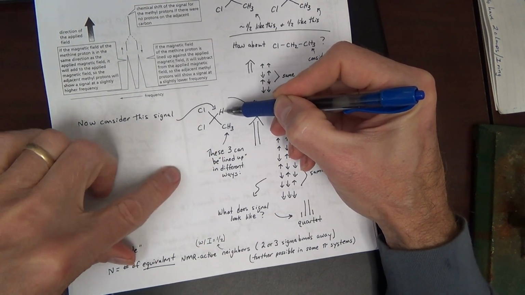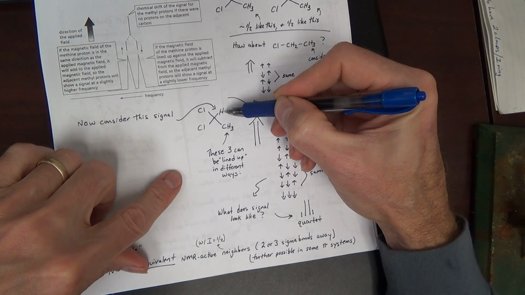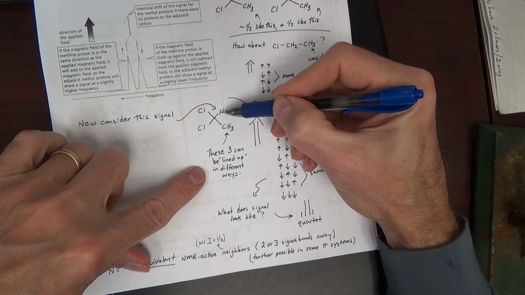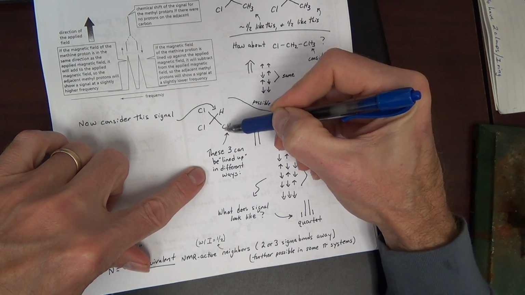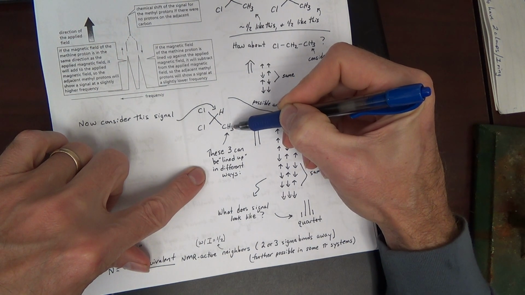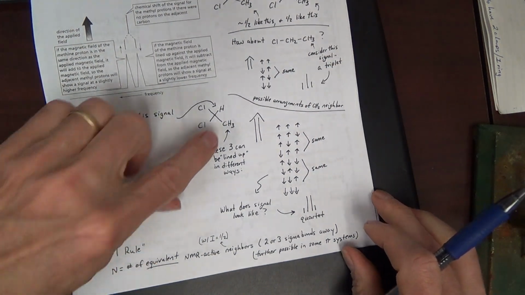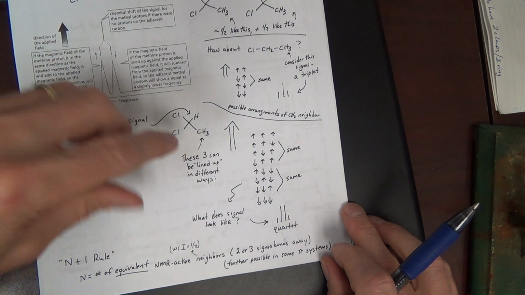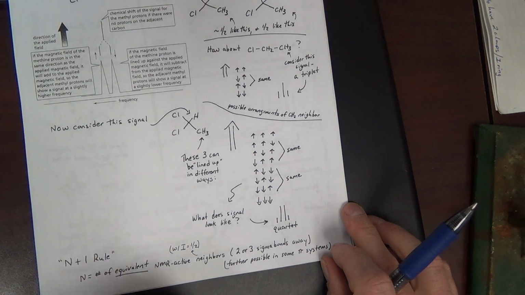This hydrogen, it turns out, is going to give a quartet in the HNMR because it has 3 hydrogen neighbors. And these 3 neighbors can be lined up in 4 different scenarios.